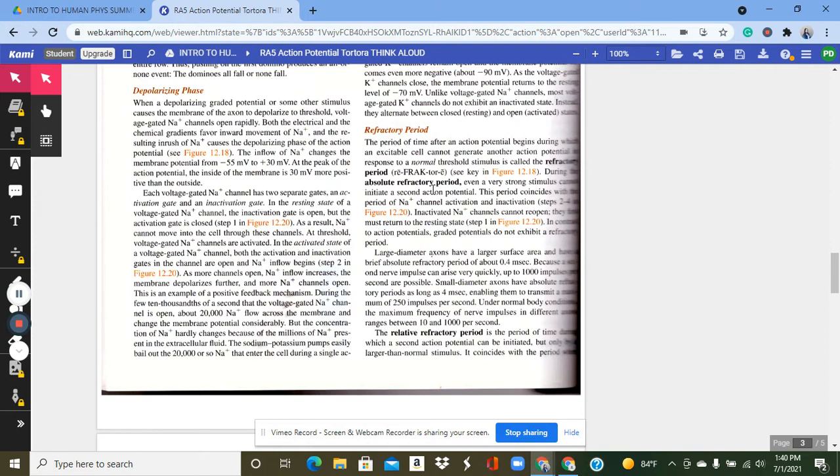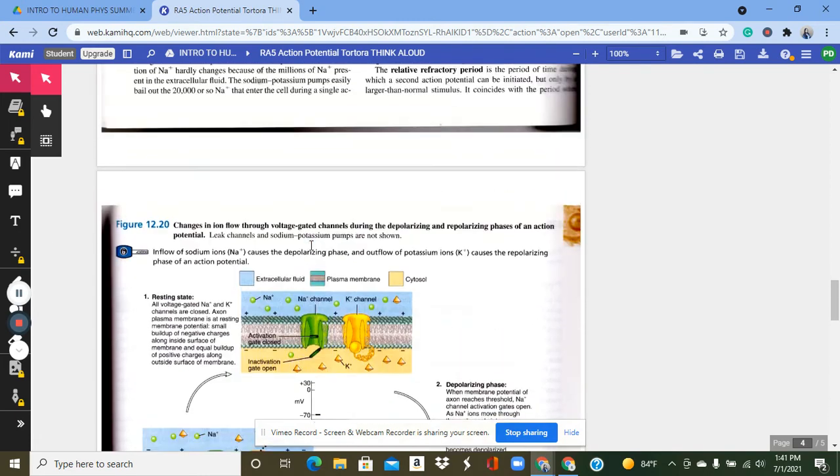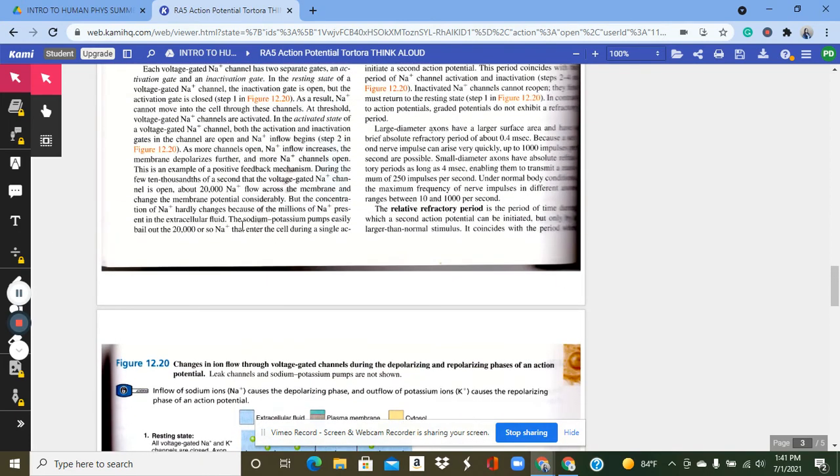So functionally during depolarization, the channel has two gates as mentioned, the activation gate and the inactivation gate, and I think both of which must be open for the conduction to occur. The channel's activation gate is closed at rest, and it activates in several steps, as shown in figure 12.20, to an open state after depolarization.